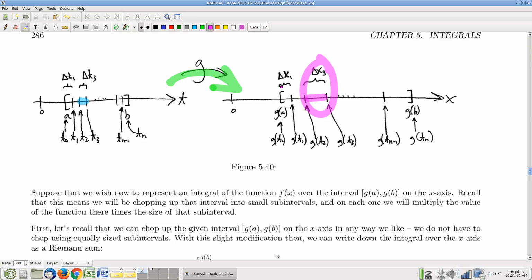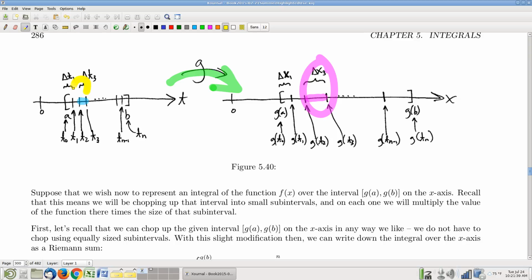The question, though, is can I rewrite delta x in terms of delta t? And that we can do. And the appeal that I'm going to make is that we understand what derivatives are. If I look at this function g, the derivative of g, many interpretations of derivatives, but one of the big interpretations of derivatives is that it's what you multiply by a change in the input to get a change in the output. And notice that's kind of what I'm in the market for right now.